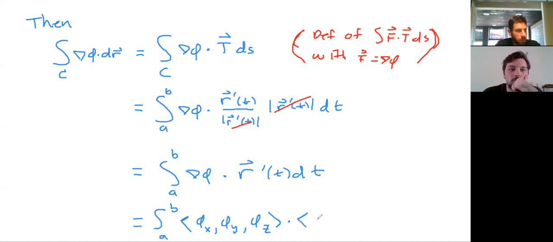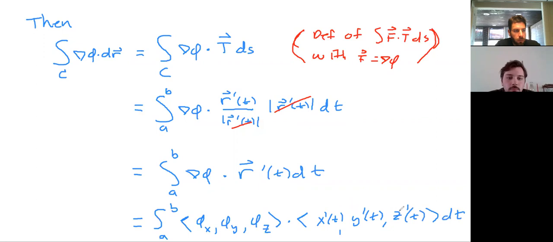We can write it as x prime, or as dx dt. Let's use primes, it's a little cleaner. I can write this as x prime of t, comma, y prime of t, comma, z prime of t, and then that's dt.